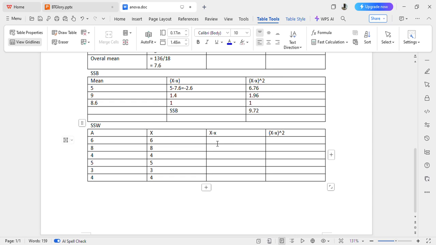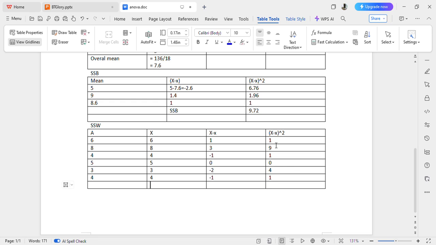So 6 minus 5, 1, 8 minus 5, 3, negative 1, 0, negative 2, negative 1. Get the square of this. 1, square of 3 is 9, 1, 0, 4, 1.